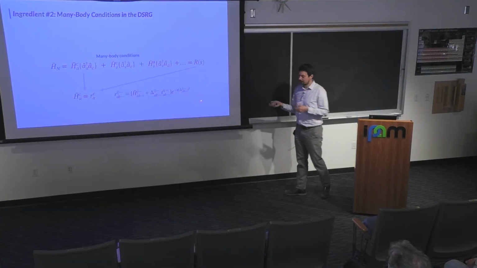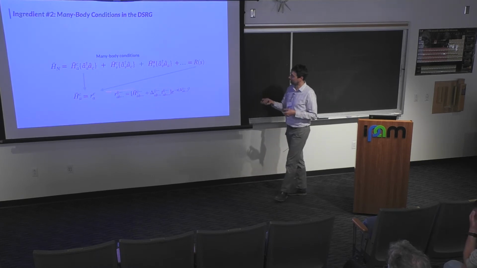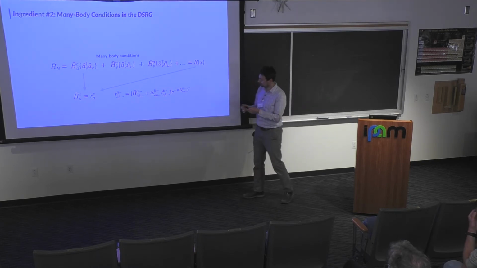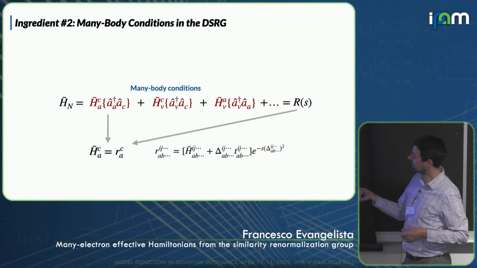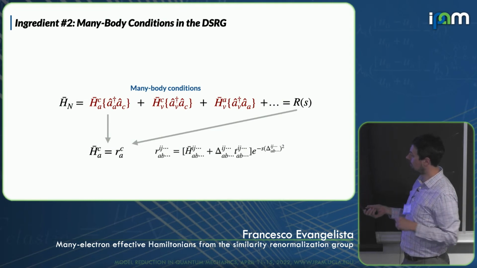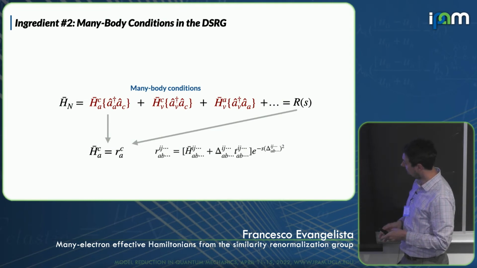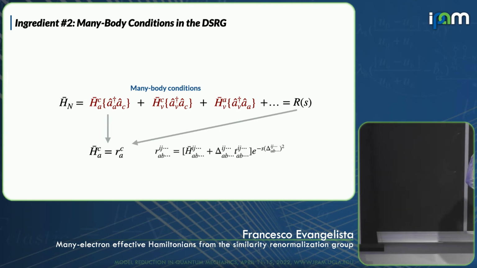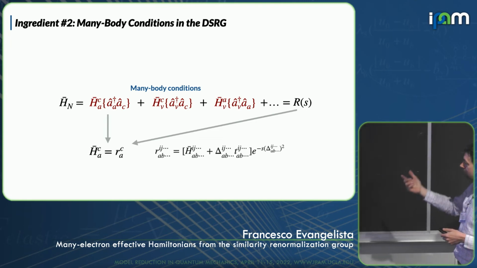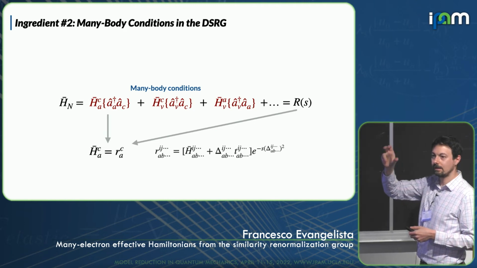Now, I didn't go into details of how we get this operator R, but I'm here showing you what it looks like. It's a bit complicated. It depends on the amplitudes that parameterize the operator A. And it has this Gaussian regularization factor, which is actually what you would expect from solving that double commutator equation.